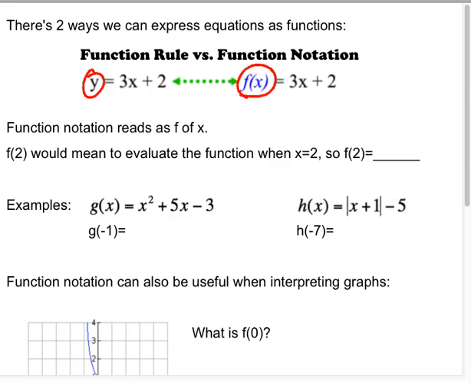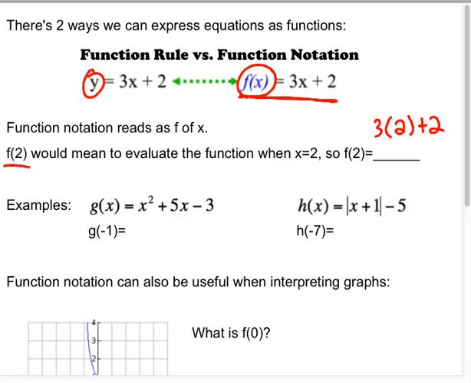It's useful to us because we can say, all right, well, if this is my function f of x, f of 2 literally just means plugging 2 in for x, okay? That's literally all it means to do. So it makes evaluating easier.